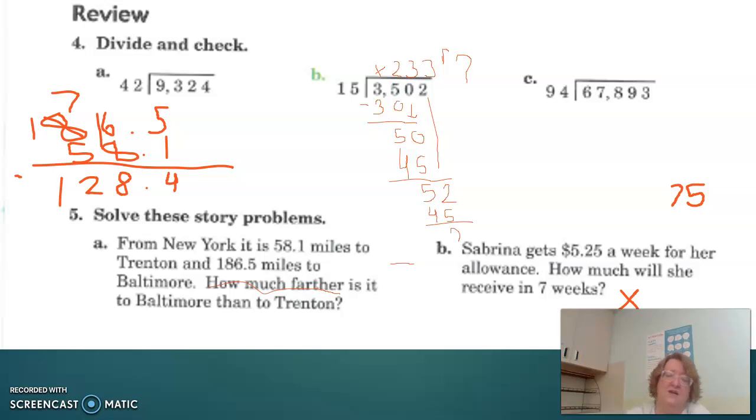And then 5 times 7 plus 1 would be 36. And we are dealing with money, so we need a decimal point and a dollar sign. So that would be $36.75 for 7 weeks. All right, if you have time remaining, you can go on to sections 6 and 7.